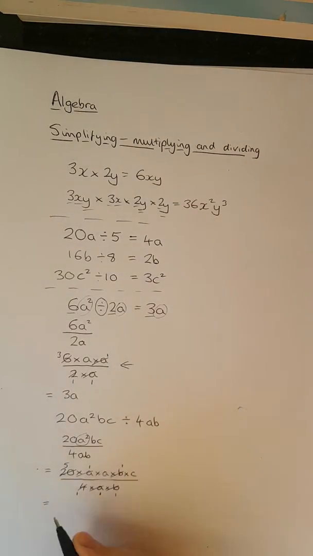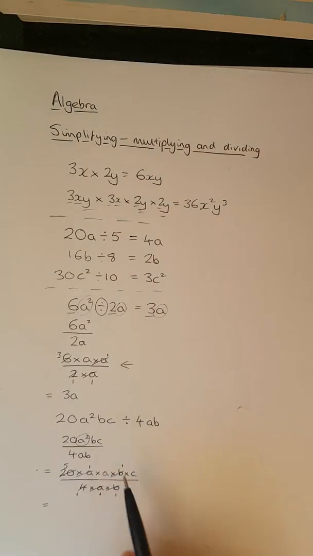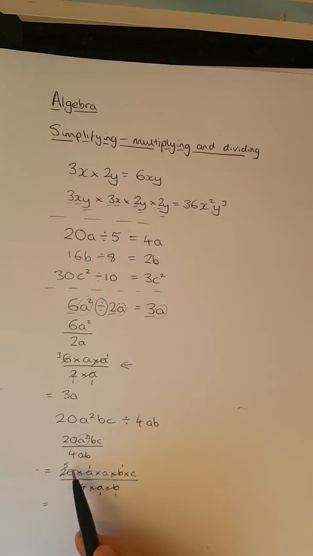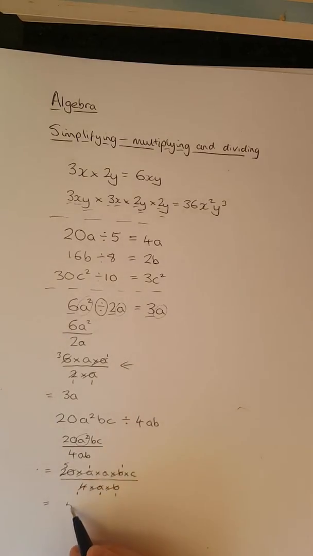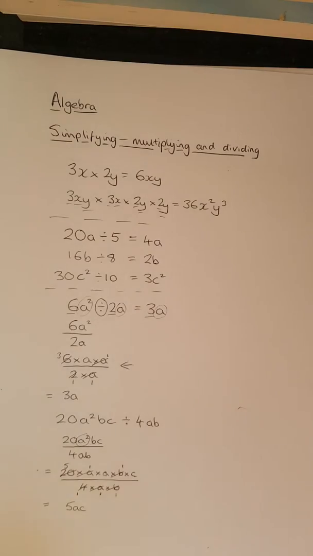Okay, what's left? 5 times 1, doesn't do anything, times a, times 1, times c. So 5 times a times c is the numerator. And you can see the denominator is 1, so I'm not going to write it.